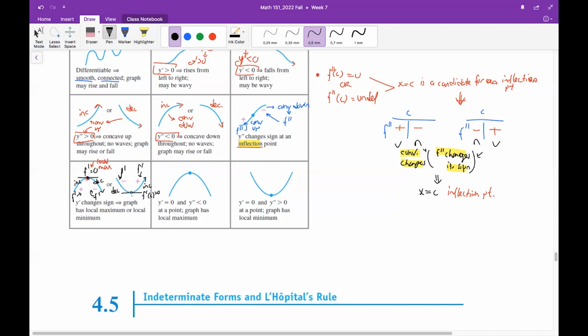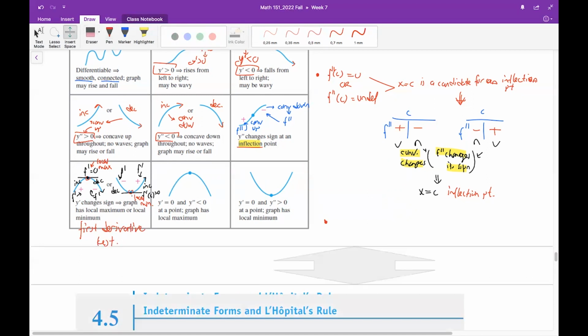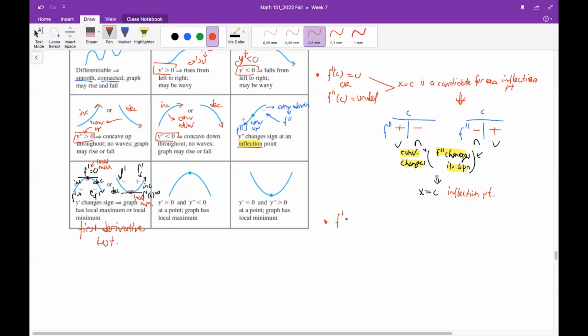That's why right at this point, you have a local minimum point. So this is called the first derivative test to detect local max and min points. Okay, let me put some words about the first derivative test here. If your first derivative is 0, or it may happen that first derivative is undefined, remember, we call such points critical points of the function.